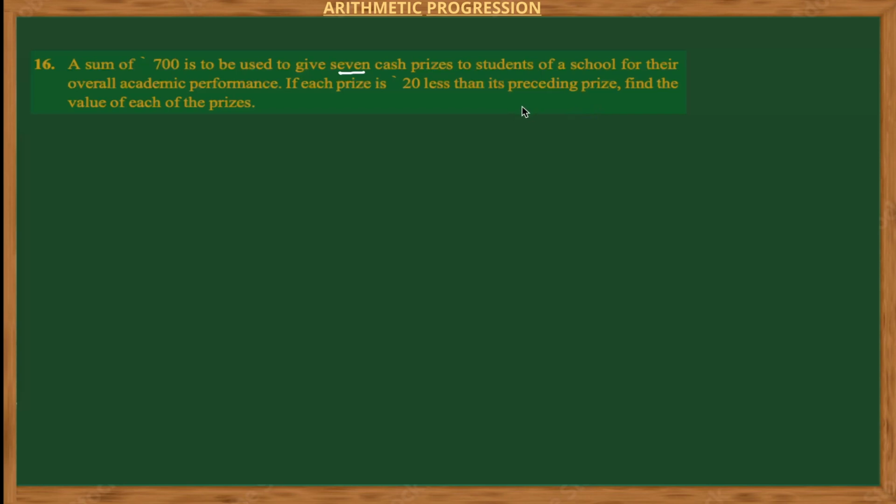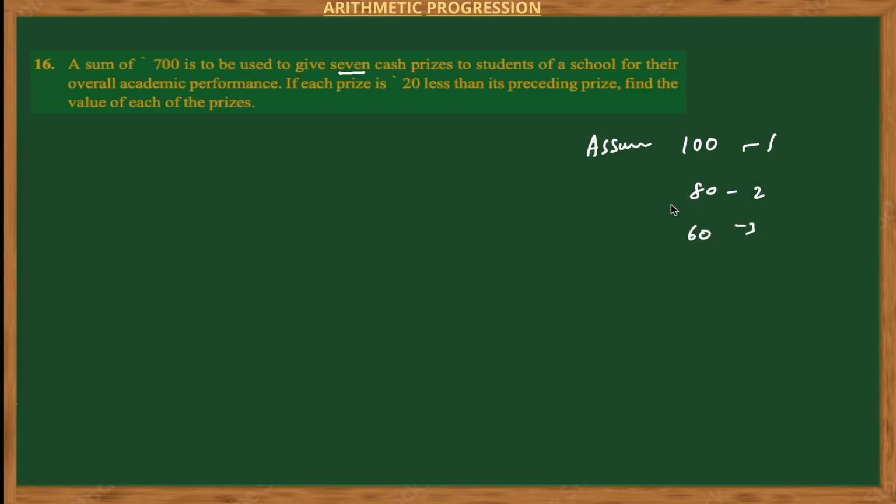Just for the understanding, if the first prize is given as 100, the next prize will be 20 less, so it will be 80. Then the third prize will be 20 less, so 60.